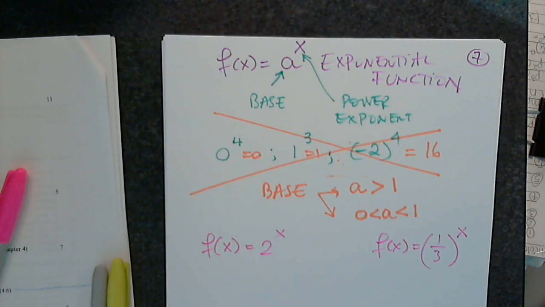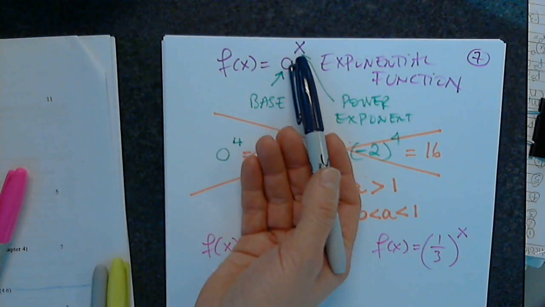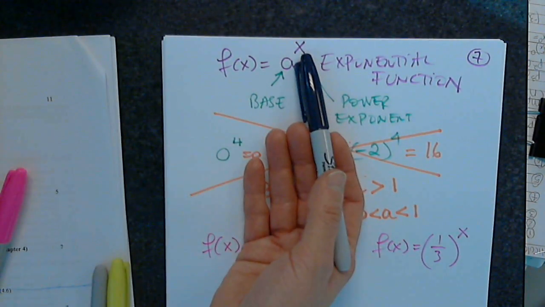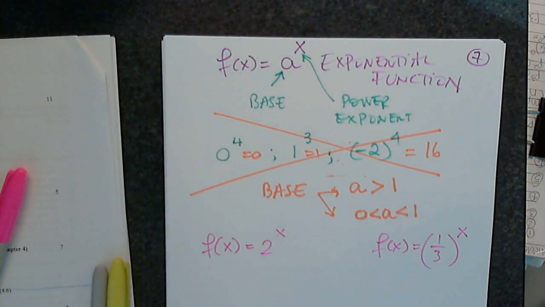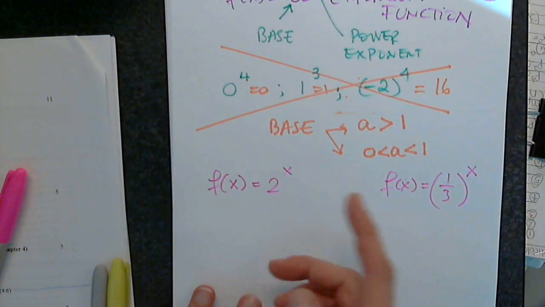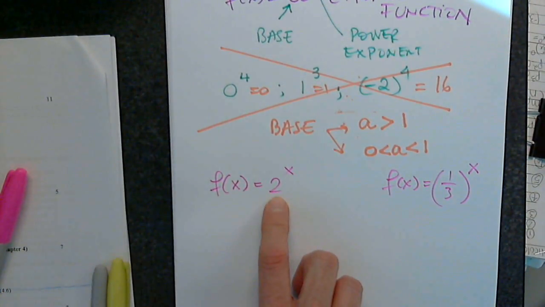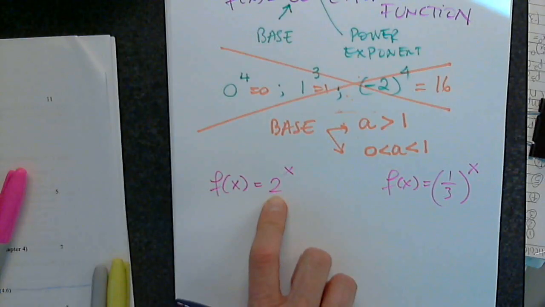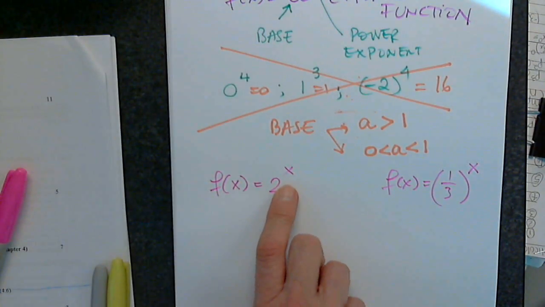Domain, right? Good. So when I talk about x as the variable in the problem, which is the exponent for the exponential function, I'm asking now, what is the domain? What can x be? In other words, can I raise 2 to -5? Yeah, it's 1 over 2 to the 5th power. Can I raise 2 to 0?